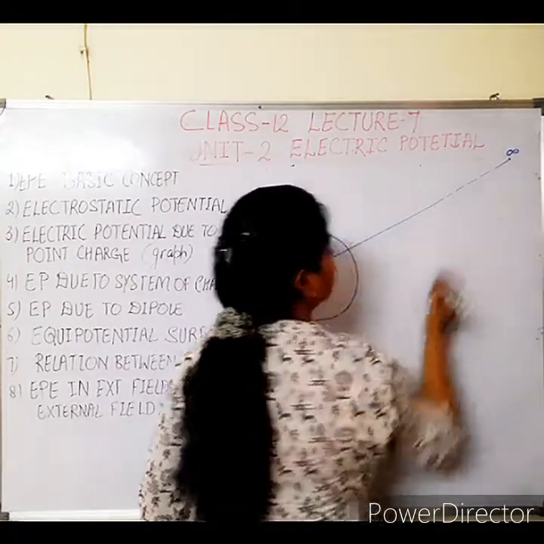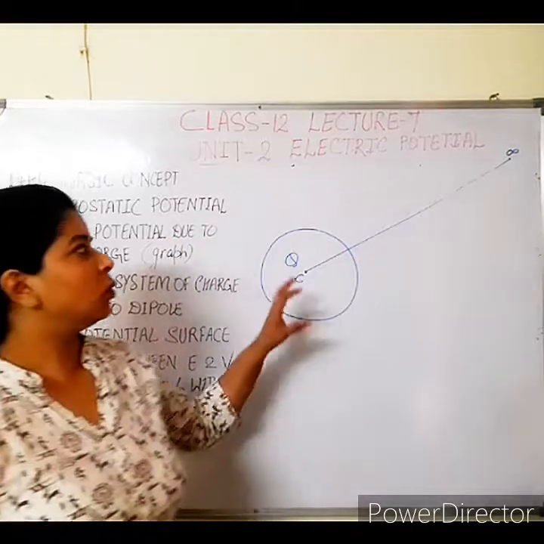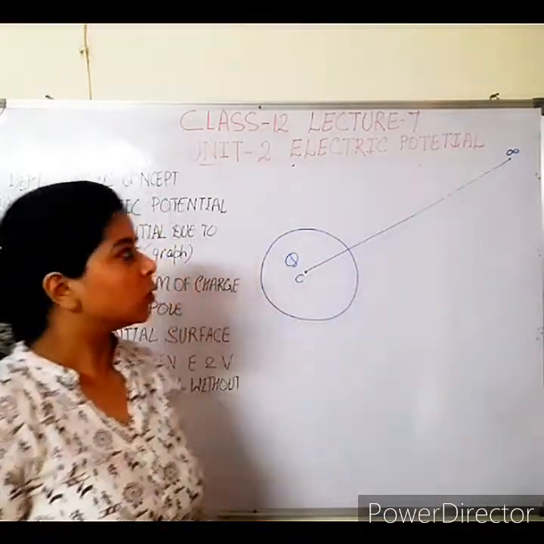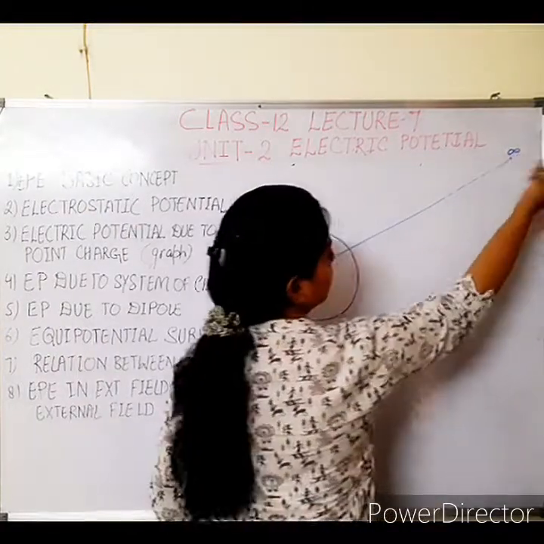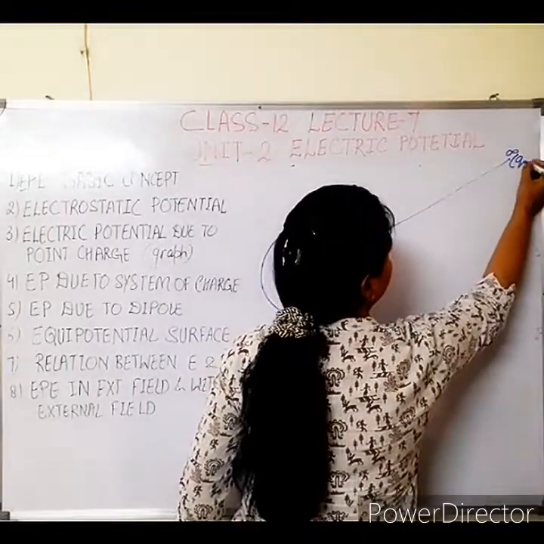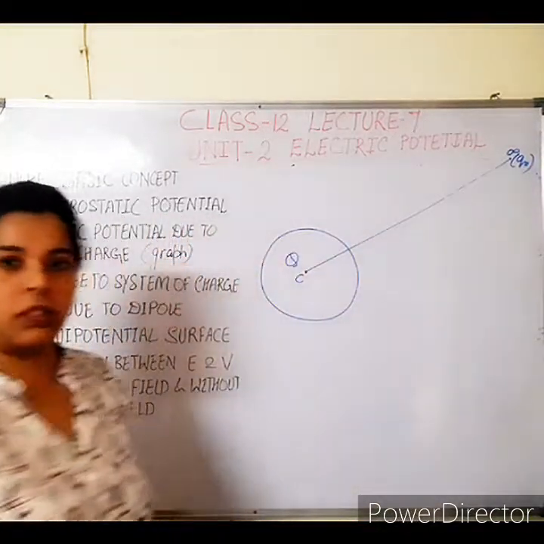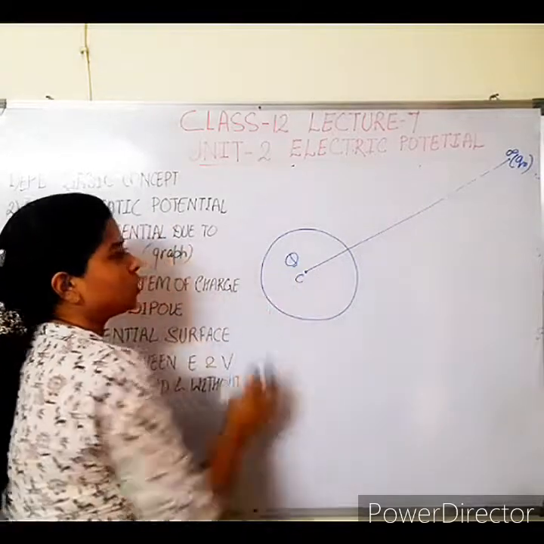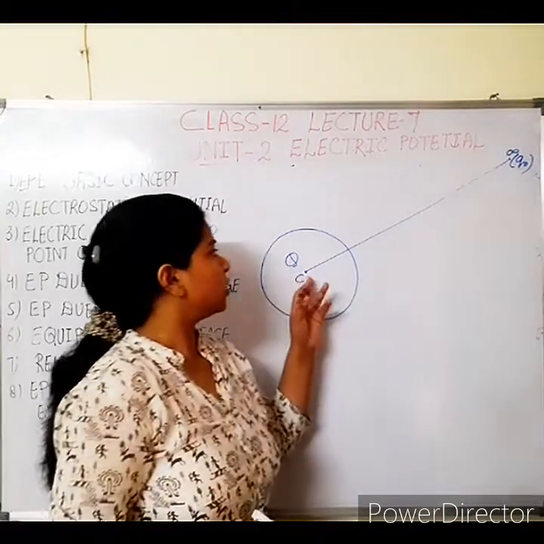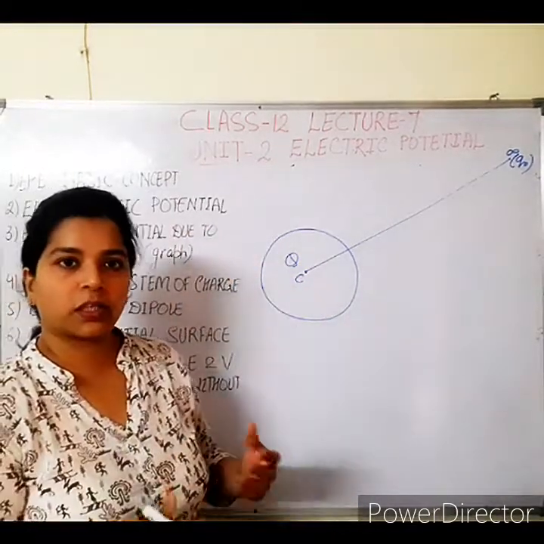Dotted line means we don't know the infinite length, so we always make a dotted line to consider the infinite position, and the test charge is present at the infinite position. Now remember, this is the electric field of the source charge. So the source charge will start the force of attraction or repulsion.